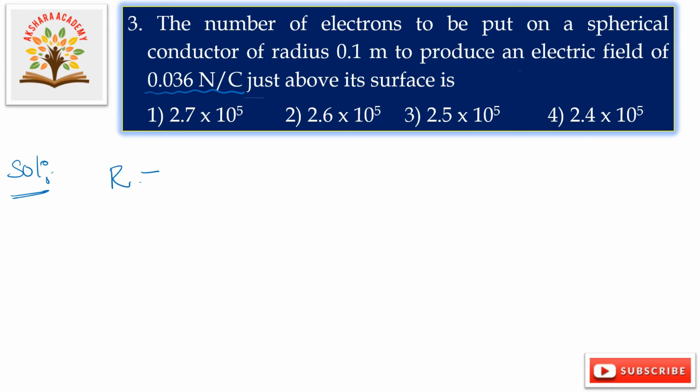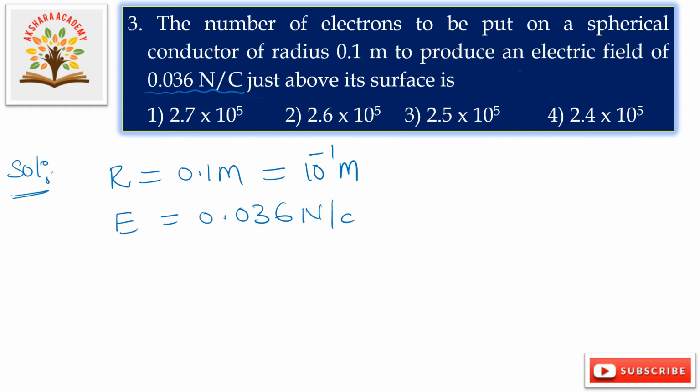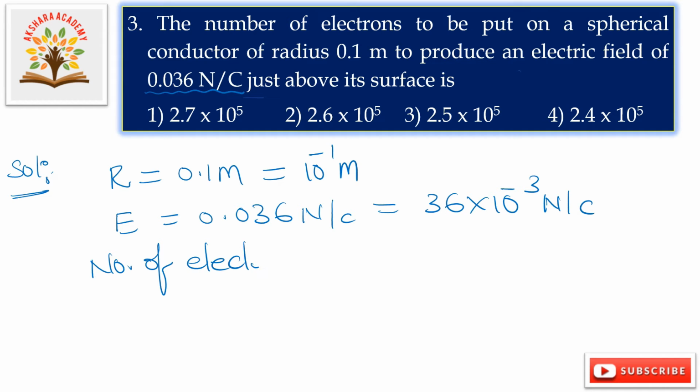Given radius r is equals to 0.1 meters, or this can be written as 10 to the power of minus 1 meters, and electric field E they given as 0.036 Newton per coulomb, or this can be written as 36 into 10 to the power of minus 3 Newton per coulomb, and we have to calculate number of electrons.